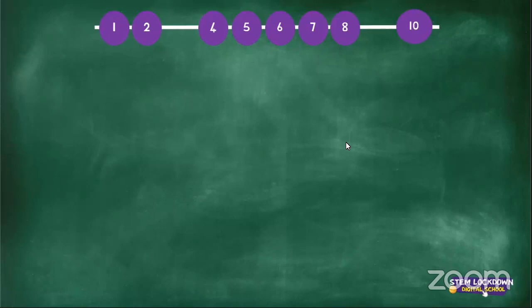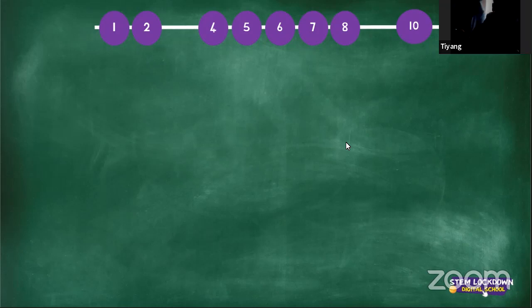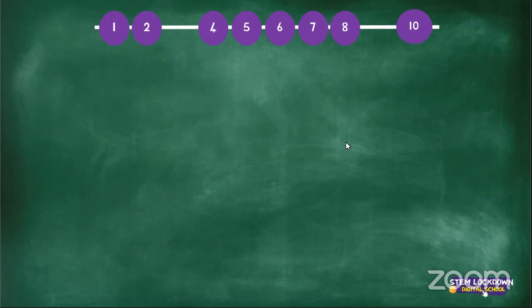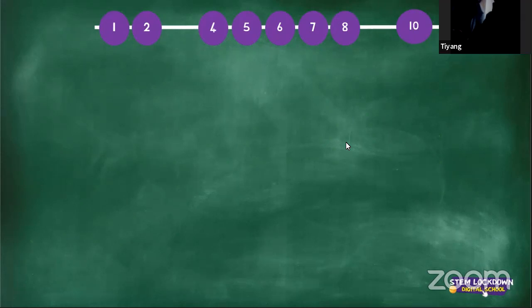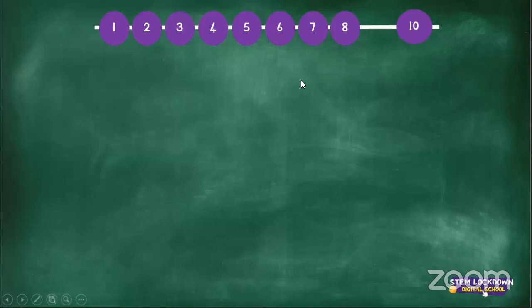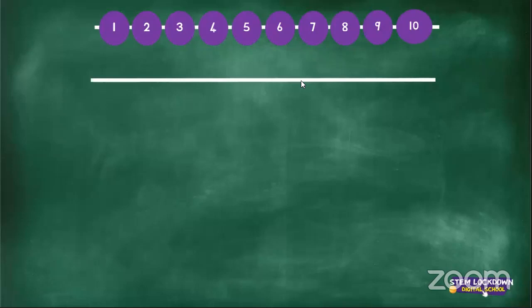Remember to raise your hand if you've got the answer. Tiang? 3. 3 and? 9. Very good. 3 and 9. Good job. Well done. Now let's go to the next bead line.